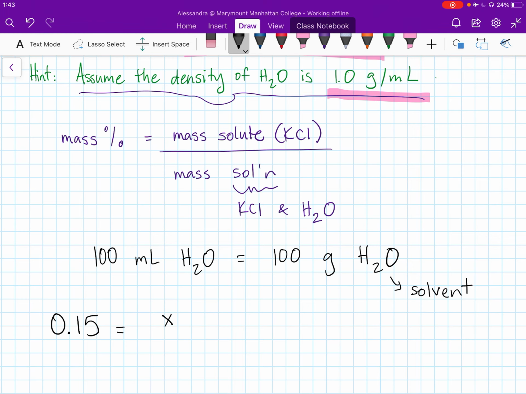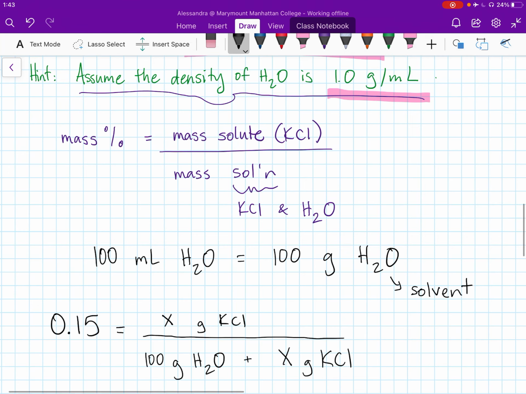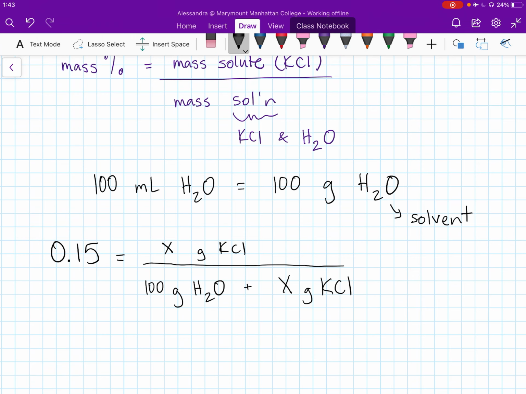So I'm going to call it X. X grams of KCl over the total mass of the whole thing. And the total mass of the whole thing is going to include the mass of the solvent, which is water, and I know that's 100 grams of water, plus the mass of the solute, which is the X grams of KCl. So in order to figure out how to prepare this solution, I simply have to solve for X.